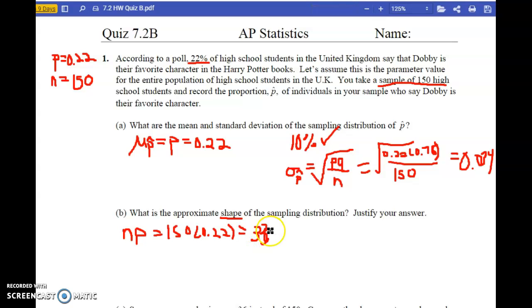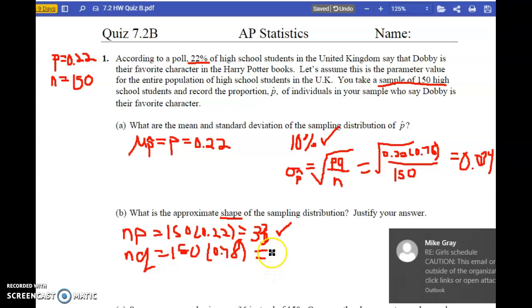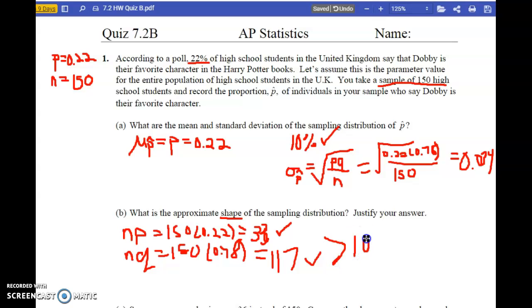So that's good. And then nq is 150 times 0.78, and that should give you 117. Those are both greater than 10, so that condition's met. That means the shape of this distribution is normal.